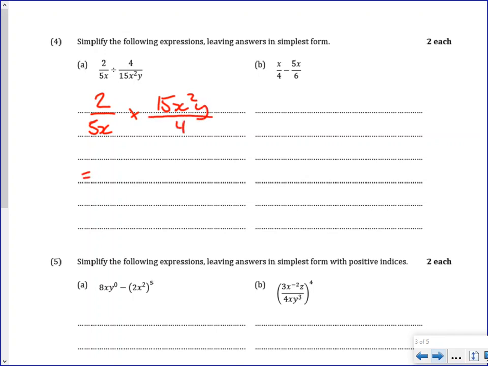Now we could do some cancelling out, but it's a lot easier for us just to multiply the top, multiply the bottom. So you have 30x squared y over 20x, and the 30 and the 20 cancel to be 3 over 2. The x cancels out, and none of the y's cancel out, so it just leaves me with 3xy over 2.